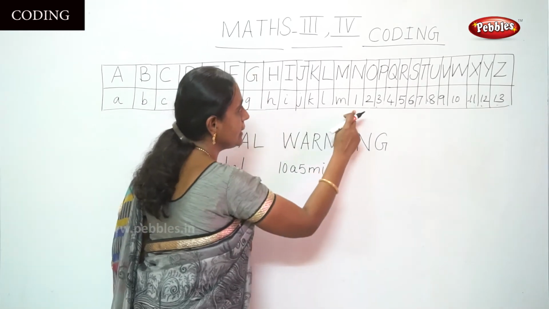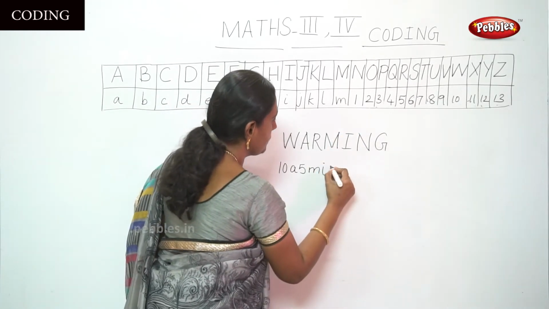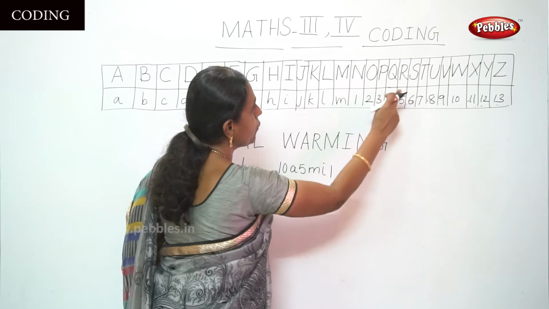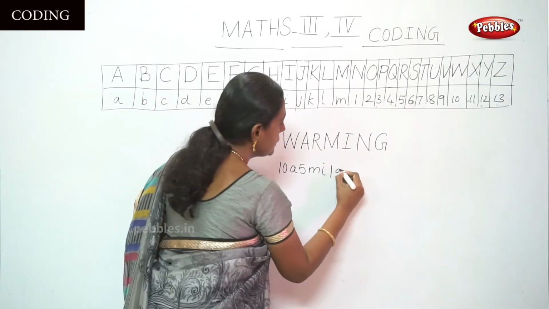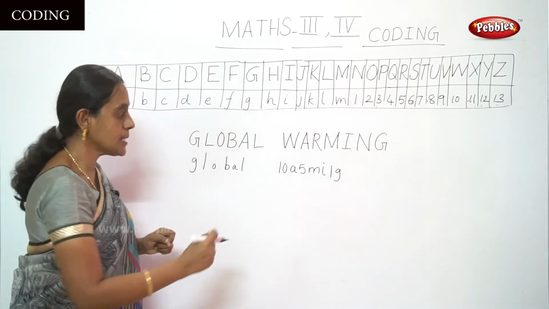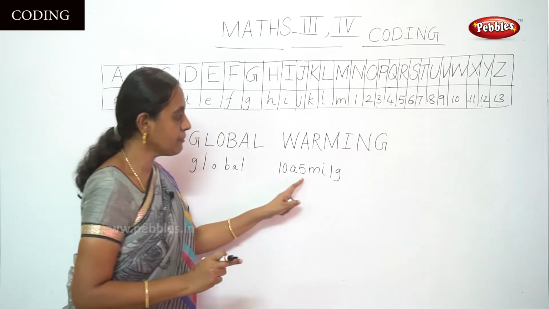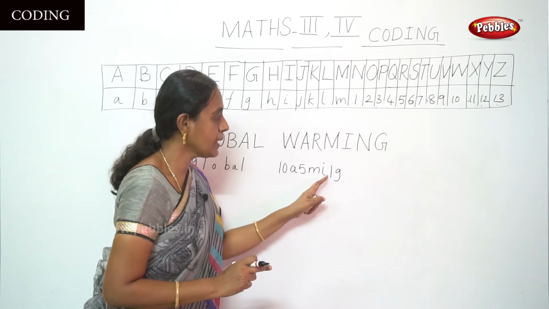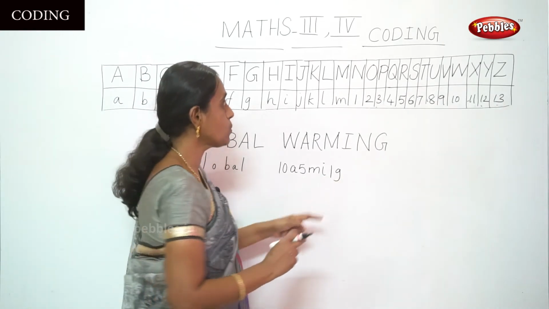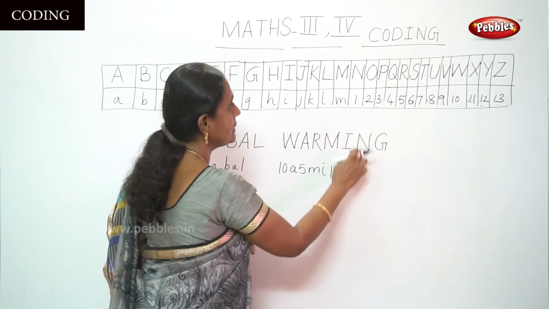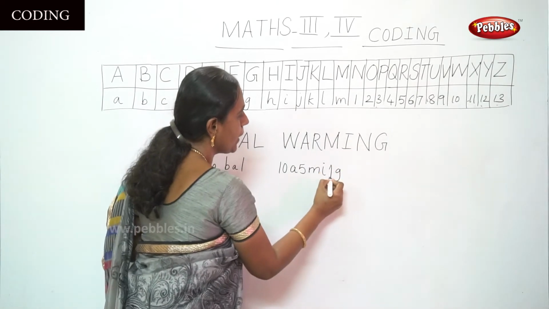And for N, 1. And for G, again the small g. So this is a coding number: 10A5MI1G. For N, the numerical 1.